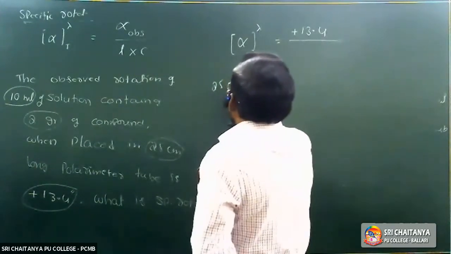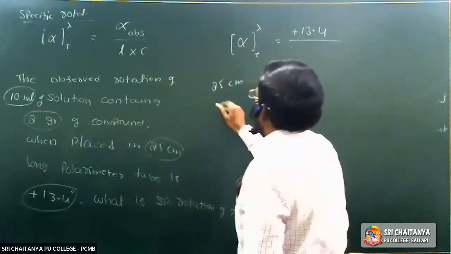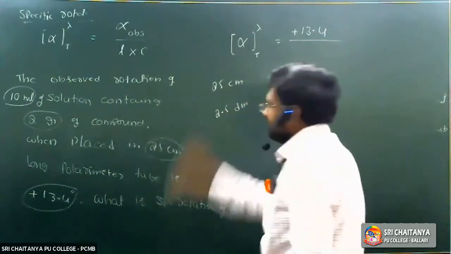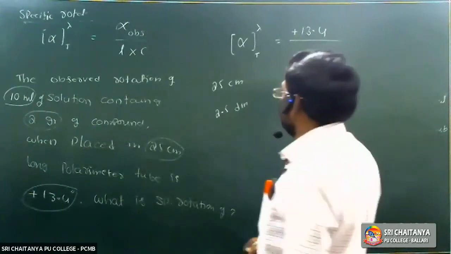So 25 centimeters divided by 10 is 2.5 decimeters.